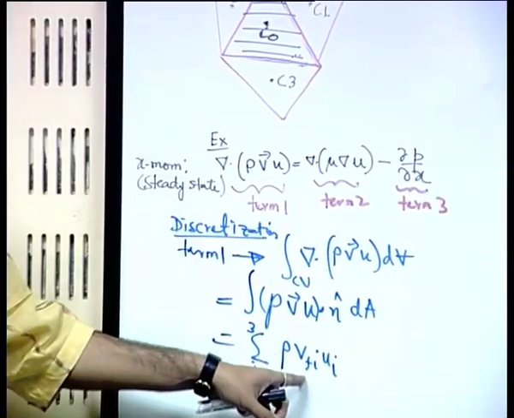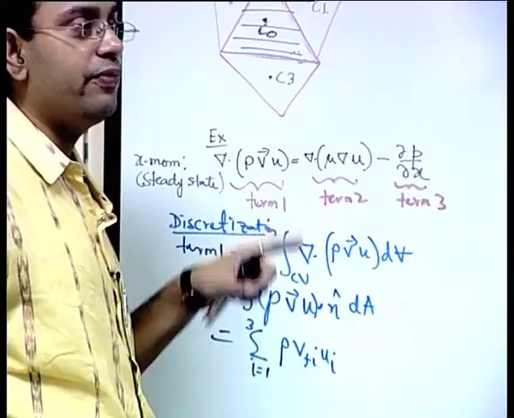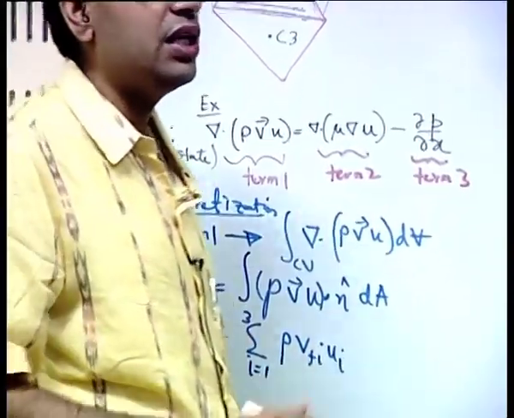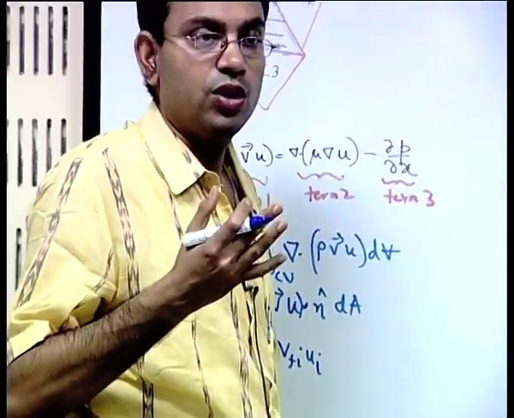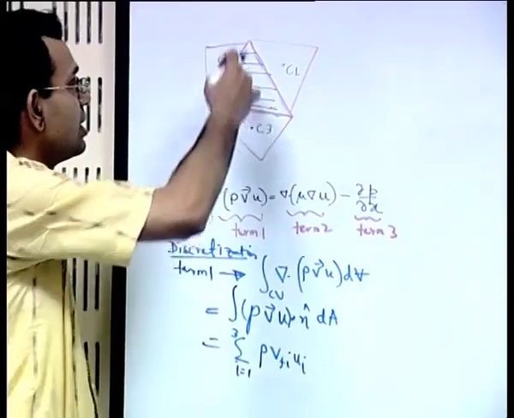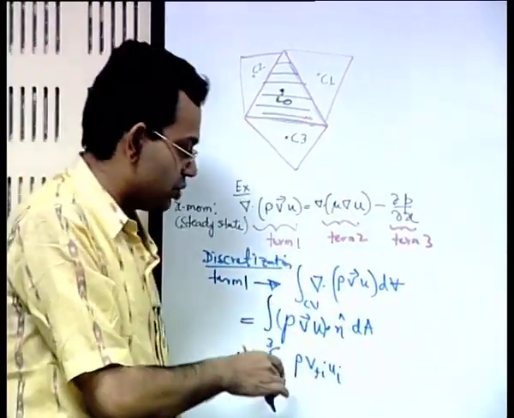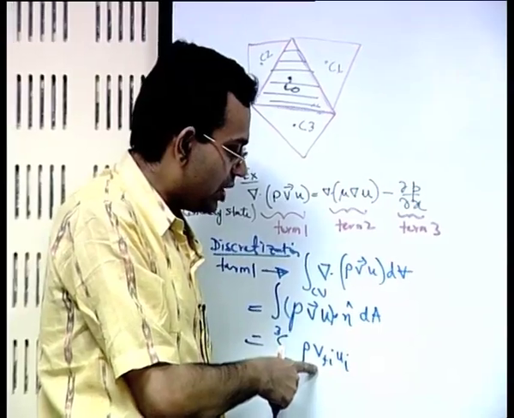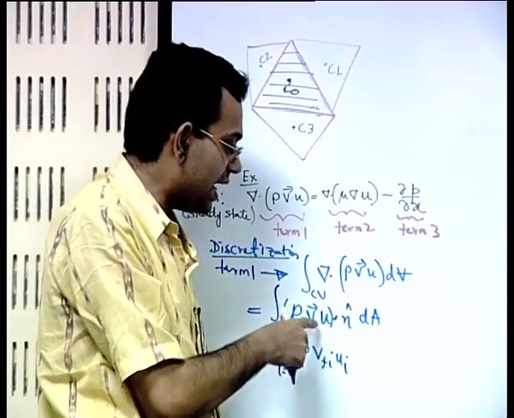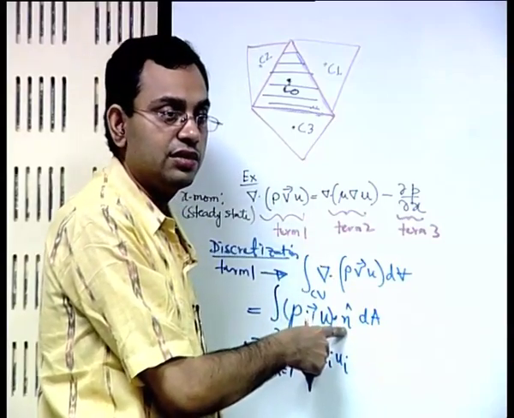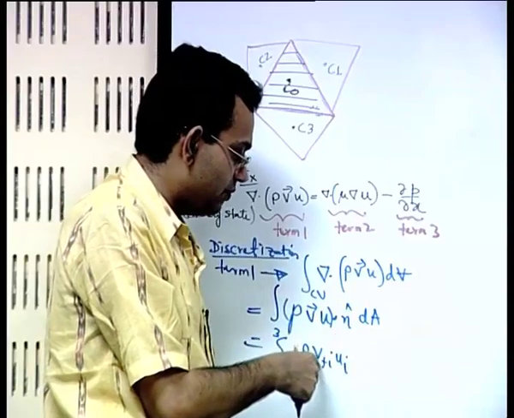F for face. So when we say surfaces in computational geometry, they are more appropriately known as faces. So you have 3 faces of this triangle. So through each face you have a velocity, the normal component of velocity. What is that? V dot eta dA, that is Vfi.